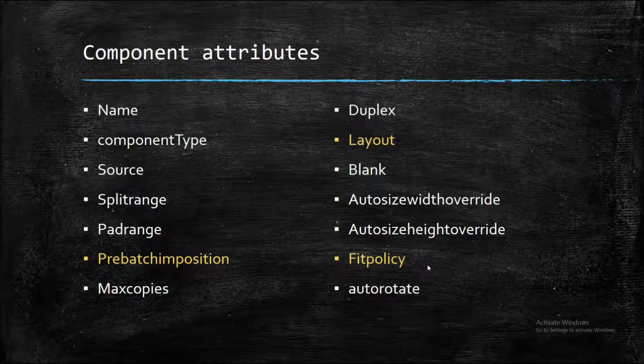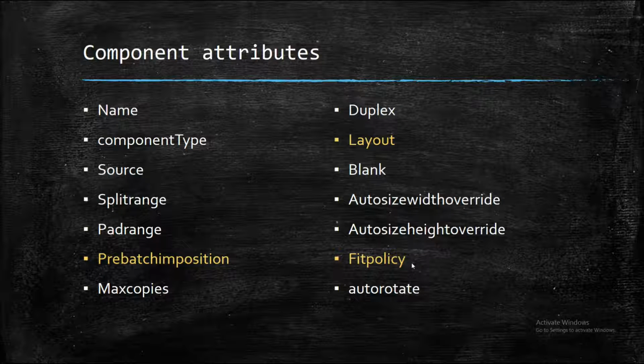And then lastly, we have this option for auto rotate, which basically says if what we've defined within the pre-batch definition for our width and height when using auto size width and height override doesn't match the order content, the aspect ratio doesn't match the order content as we pull it in, then we're going to auto-rotate the content so that at least the aspect ratios match.